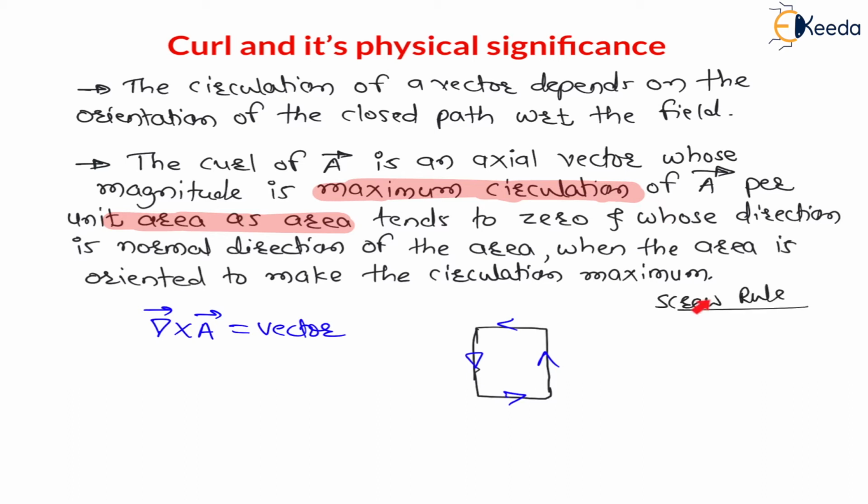Here the right hand thumb rule, also called screw rule, is used to find the direction of this vector quantity. See, as it is rotating anti-clockwise, right? If any nut or bolt is rotated anti-clockwise, it will come outside, perpendicular to your notebook, right?